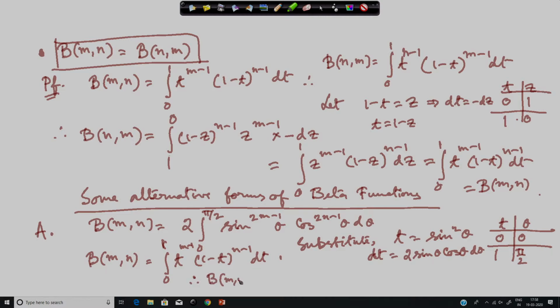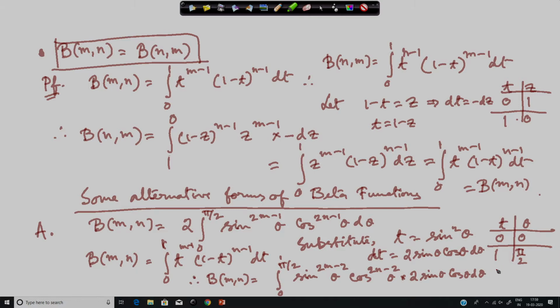Therefore, beta mn becomes integral 0 to pi by 2, t is sine square theta, so sine to the power 2m minus 2 theta, and 1 minus t means 1 minus sine square theta, which is cos square theta, and its power is n minus 1, so cos to the power 2n minus 2 theta, into dt, where dt is 2 sine theta cos theta d theta.